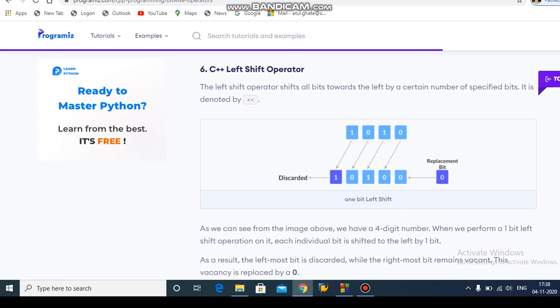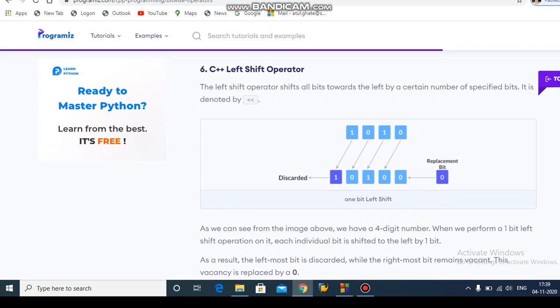Left shift operator. The left shift operator shifts all bits towards the left by a specified number of bits. It is denoted by the insertion operator. So this is the example. All bits are shifted towards the left side by 1 bit. As we can see from the image above, we have a 4-digit number.